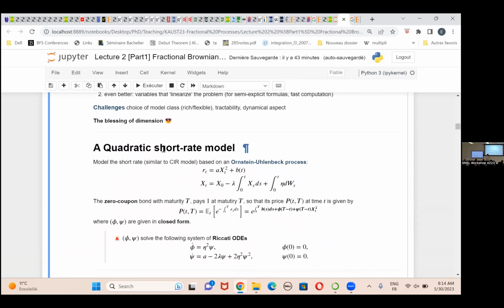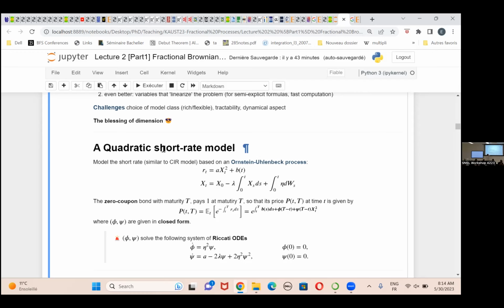And usually you're interested in computing, again, some conditional expectations related to this process. So it can be this type of conditional expectation, which in finance corresponds to the price of a zero coupon bond. Okay, so basically it will be a product that will pay you 1 at maturity capital T.